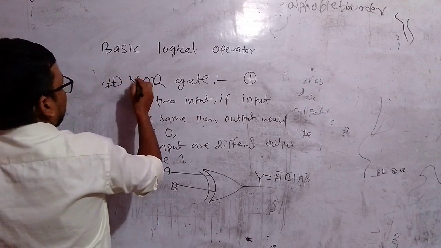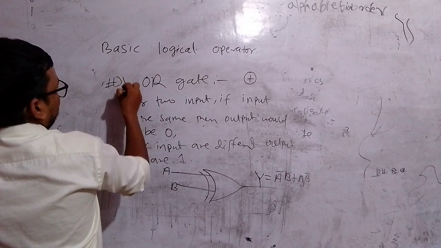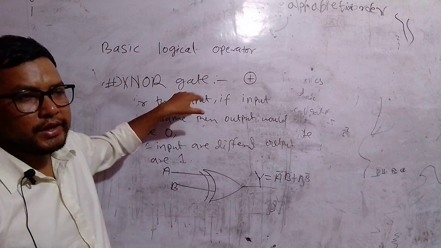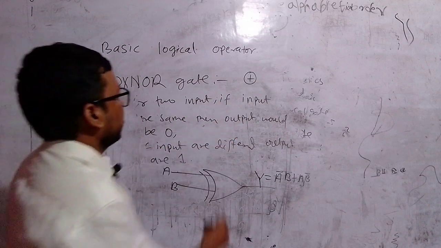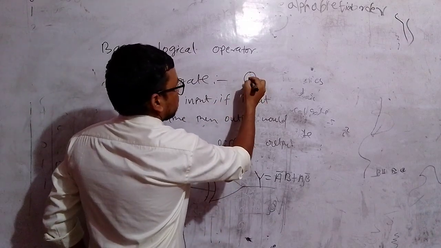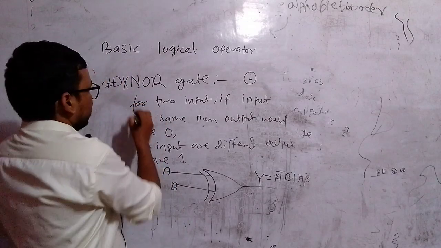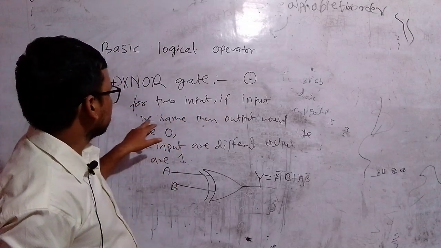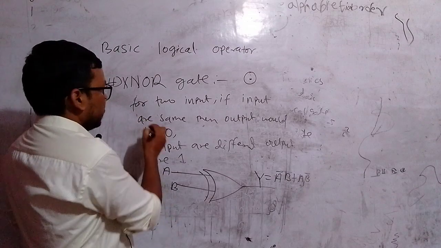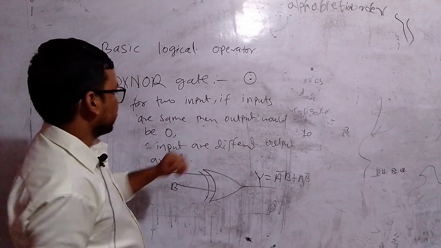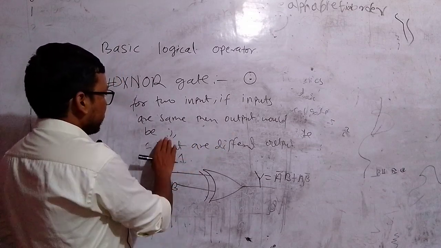Now XNOR. The XNOR gate means exclusive NOR gate. This is represented by this sign. For two inputs, if the inputs are the same, then its output would be 1.